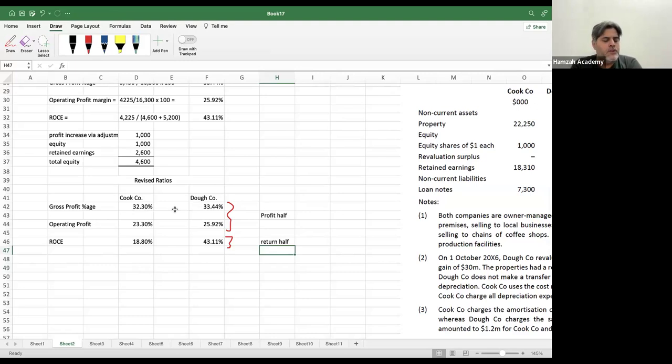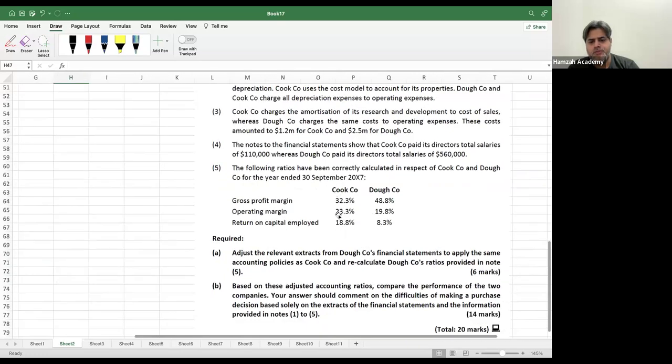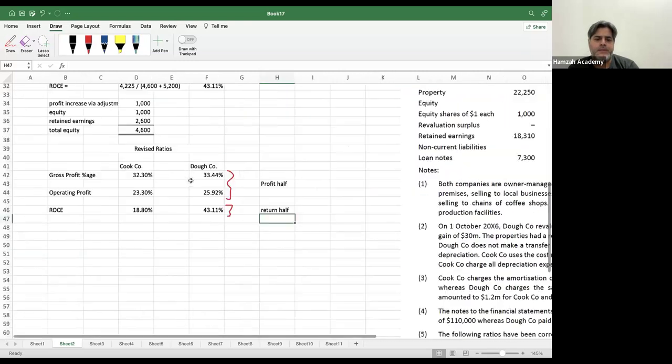Now, if we look at the operating profit margin, in general this shows that the Cook Company is generating a good profit margin as compared to the Dough Company at 19.8%.